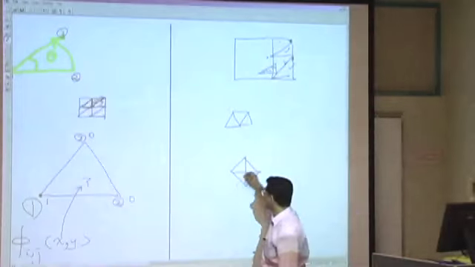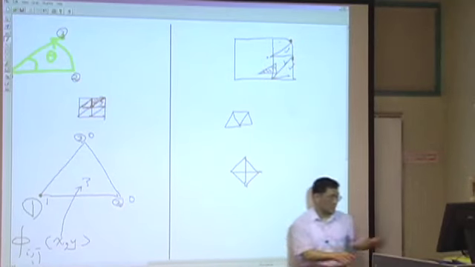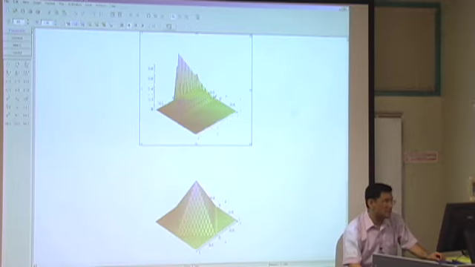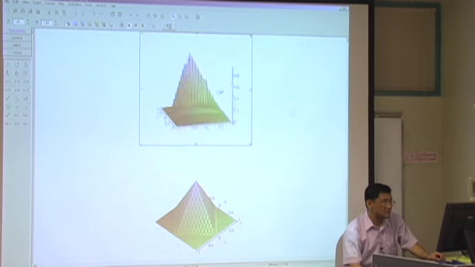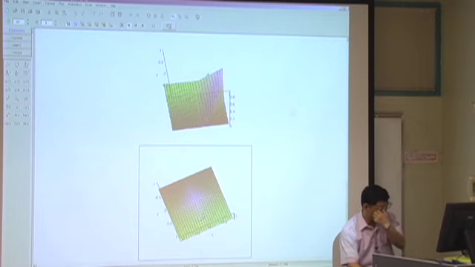Basis functions having 1 here, having 1 here, having 1 here, and so on. These are the shapes that they submitted. Having 1 at this point, and then having 1 at this point. I guess this one has this shape.